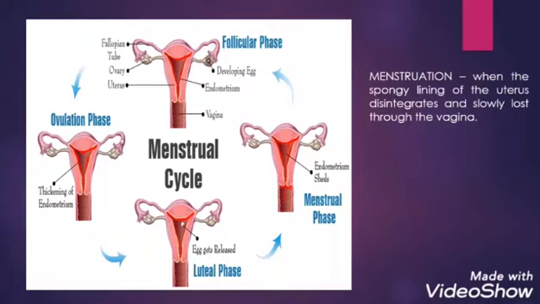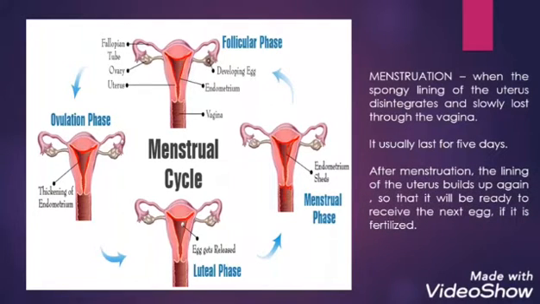It too is slowly lost through the vagina, and this is called menstruation or a period. It usually lasts for 5 days. After menstruation, the lining of the uterus builds up again so that it will be ready to receive the next egg if it is fertilized.